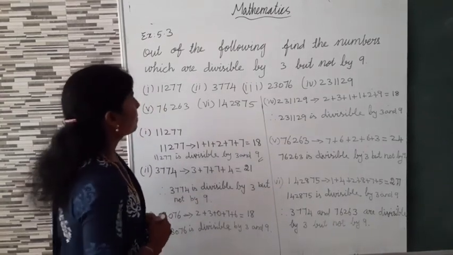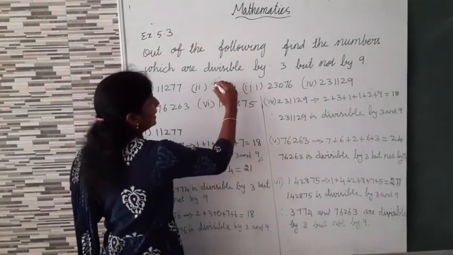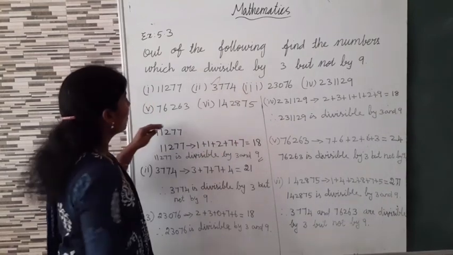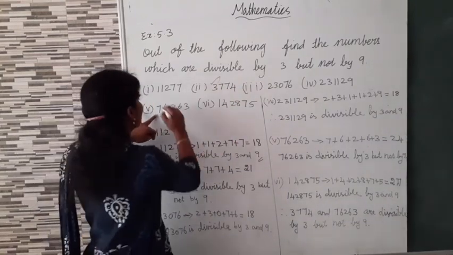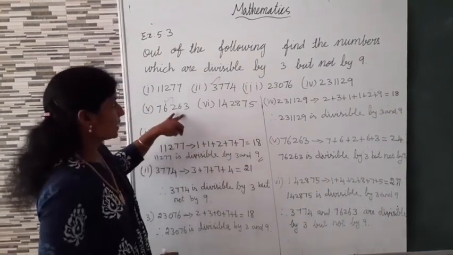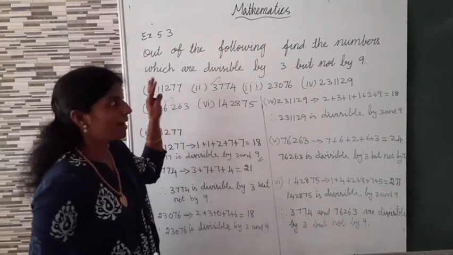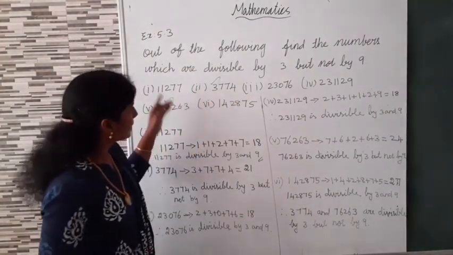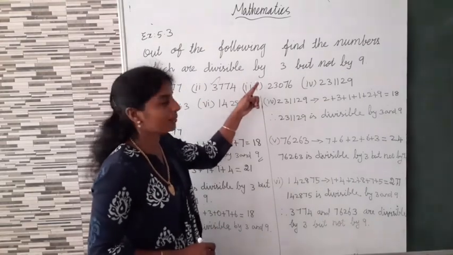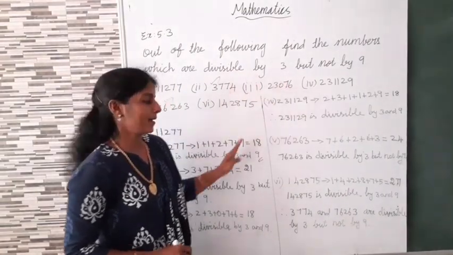Clear? These two numbers are divisible by 3 but not by 9.